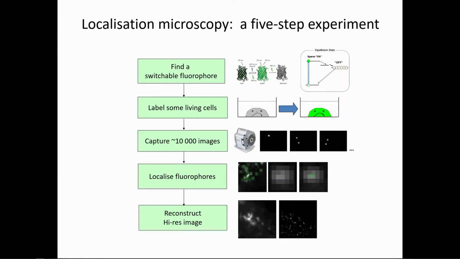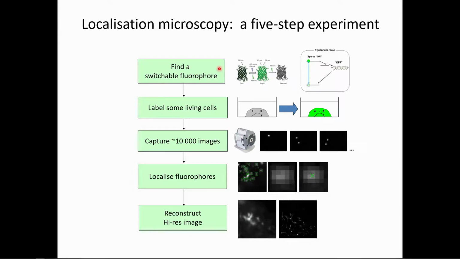So here is the workflow. What you need to do is find a fluorophore that you can switch off. That's the key. You need to be able to switch most of the molecules off. In fact, if you have densely labeled samples, you must make sure that within one point spread function on your camera, you have definitely not more than one molecule on.